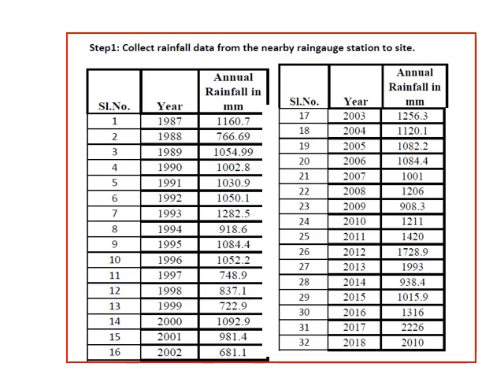In this case, we have selected 30 years of data, from 1987 to 2018. You can also collect 2019 data. You have seen that for 1987, the annual rainfall is 1160 millimeters, and it goes on varying. And in 2018, it was somewhere around 2010 millimeters.